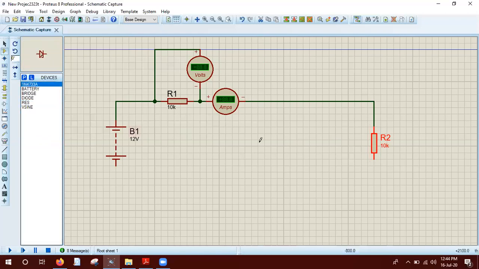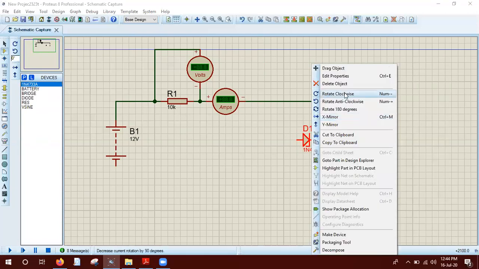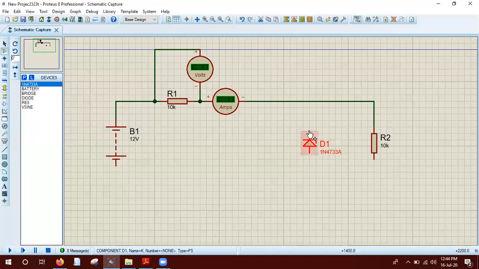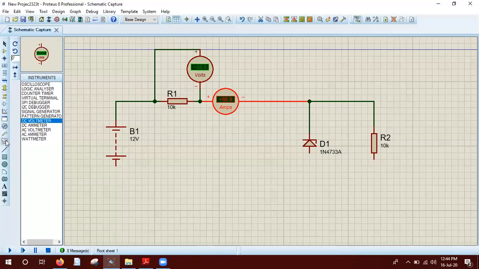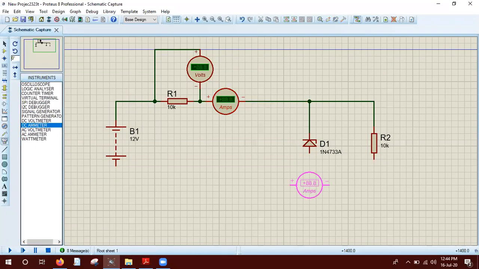Let me connect the Zener diode here. Rotate anti-clockwise. Where I'm connecting the Zener diode, I want to see the current across these two branches also, so I need two DC ammeters.